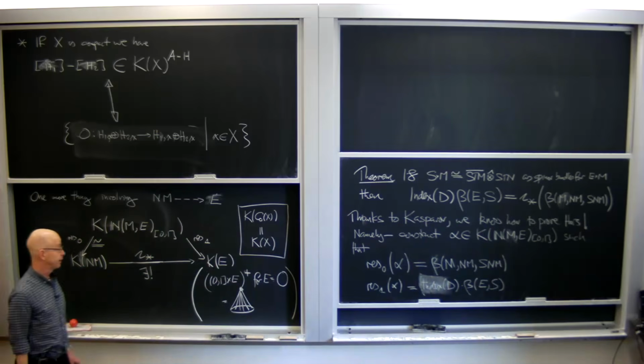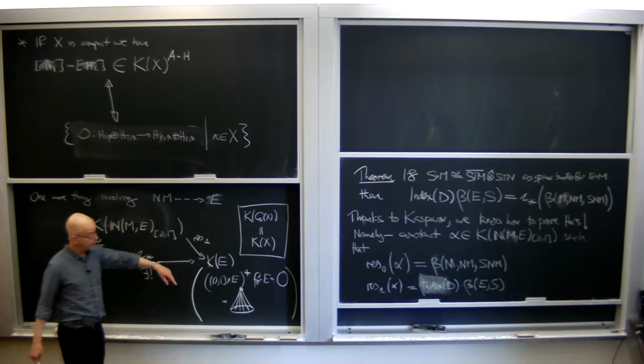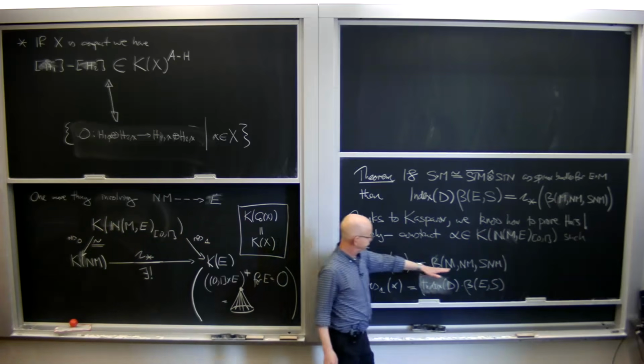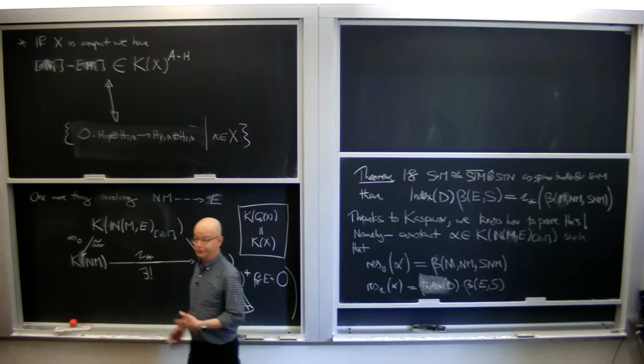Because if you can find this alpha, and if it does have these properties, then by definition of iota star this Thom element is the Bott element times the index, and you're done.